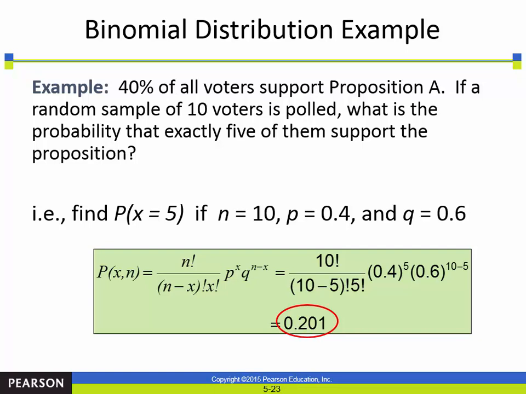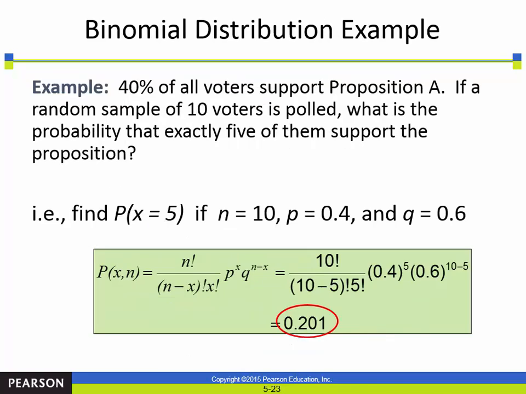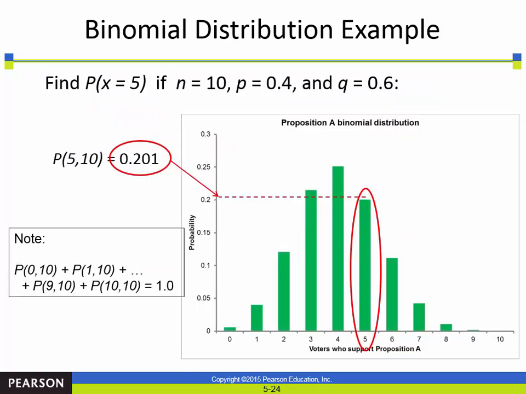All right? And my x was 5 of them. We want to find the 5 that support it. Remember, n is the number of trials, x is the number of successes, p is the probability of success, q is the probability of failure. So once I have all of those variables listed, I can just plug them in and crank it out.